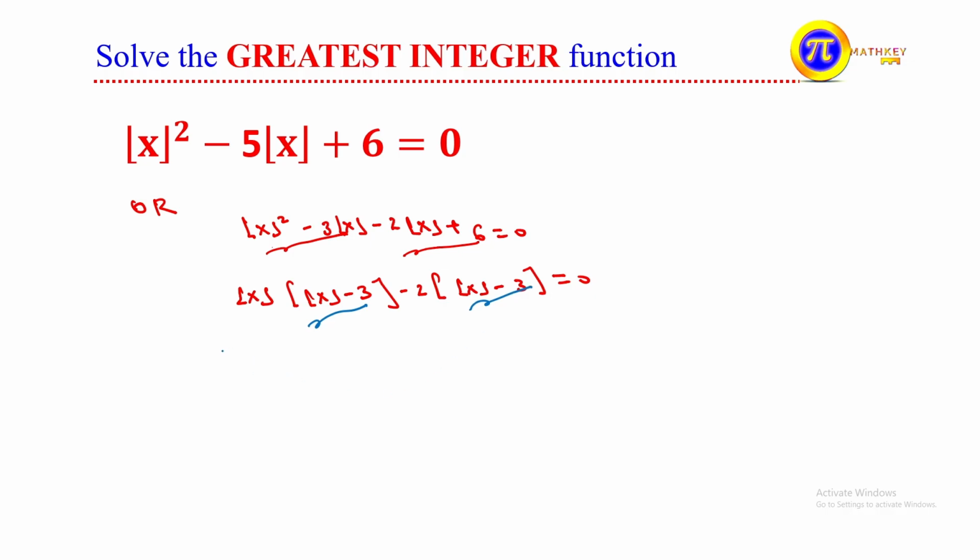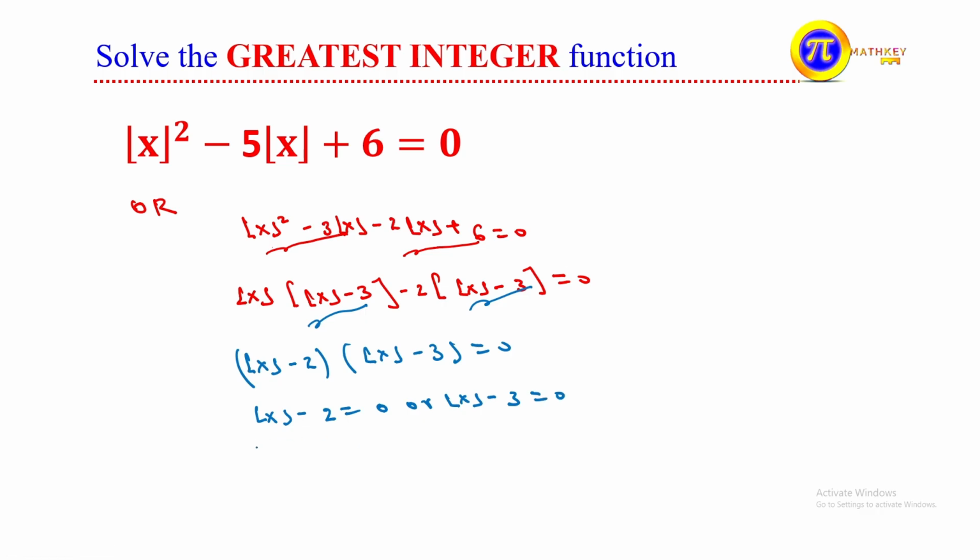This means the greatest integer x minus 2 times the greatest integer x minus 3 is equal to 0 ይሆናል. This shows that the greatest integer x minus 2 is equal to 0 or the greatest integer x minus 3 is equal to 0 ማለት እንችላለን.